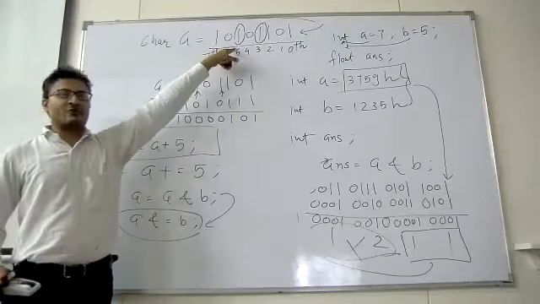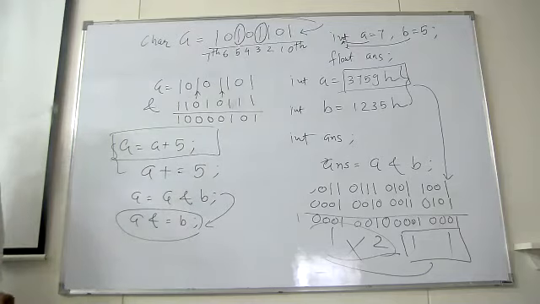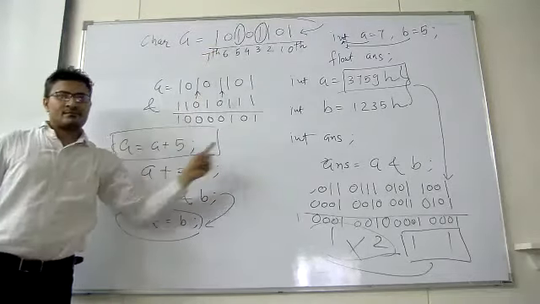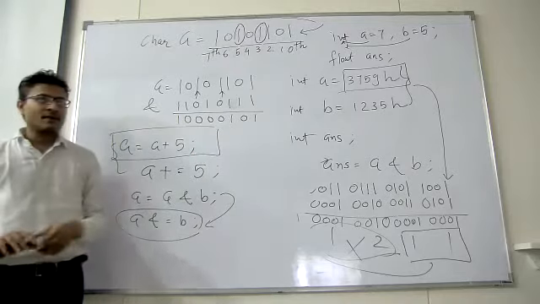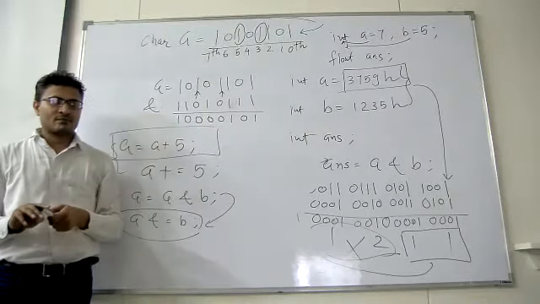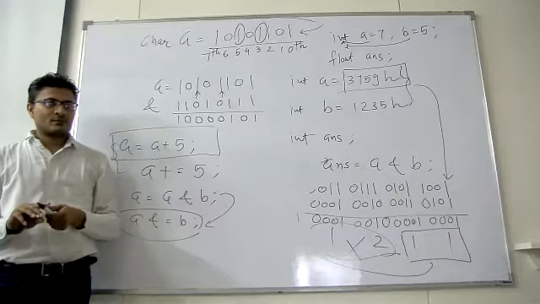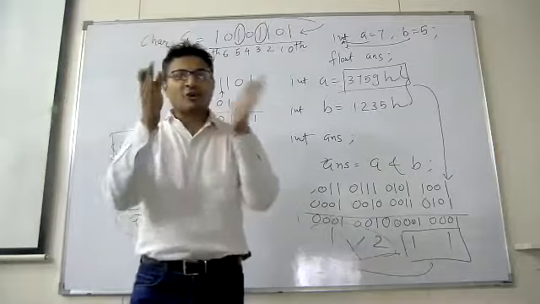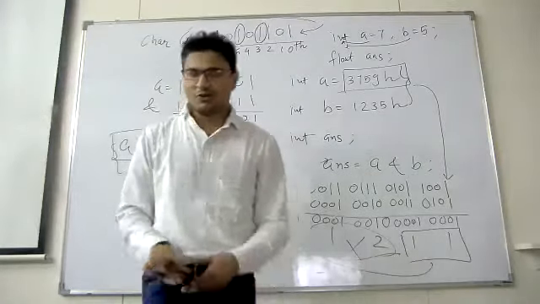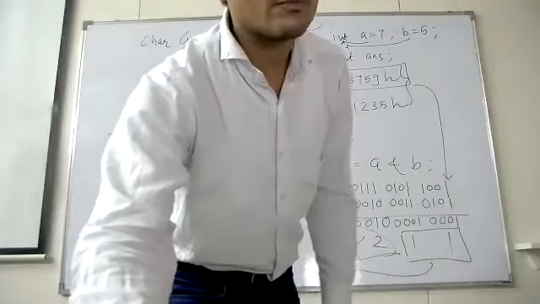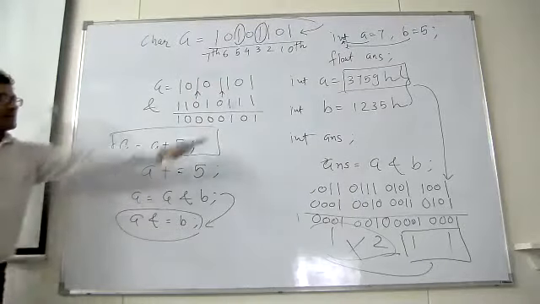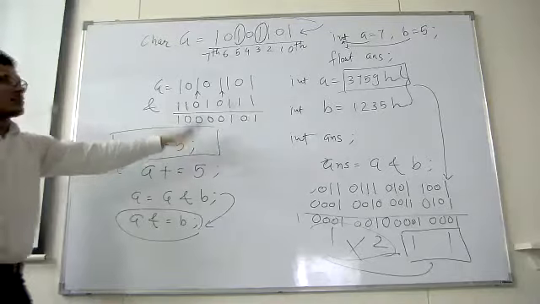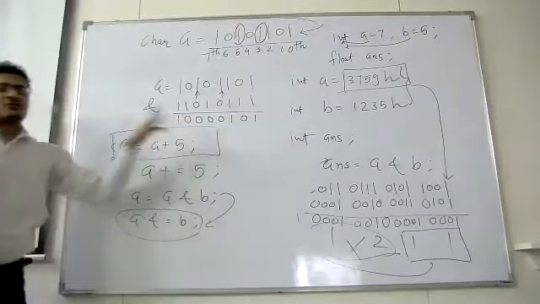See the previous value. What is the change between the new value and the previous value? In the new value, the 3rd bit and 5th bit are 0, and the rest of the bits are as they were. Yes or no? Yes, sir. So only the 3rd bit and 5th bit are 0.